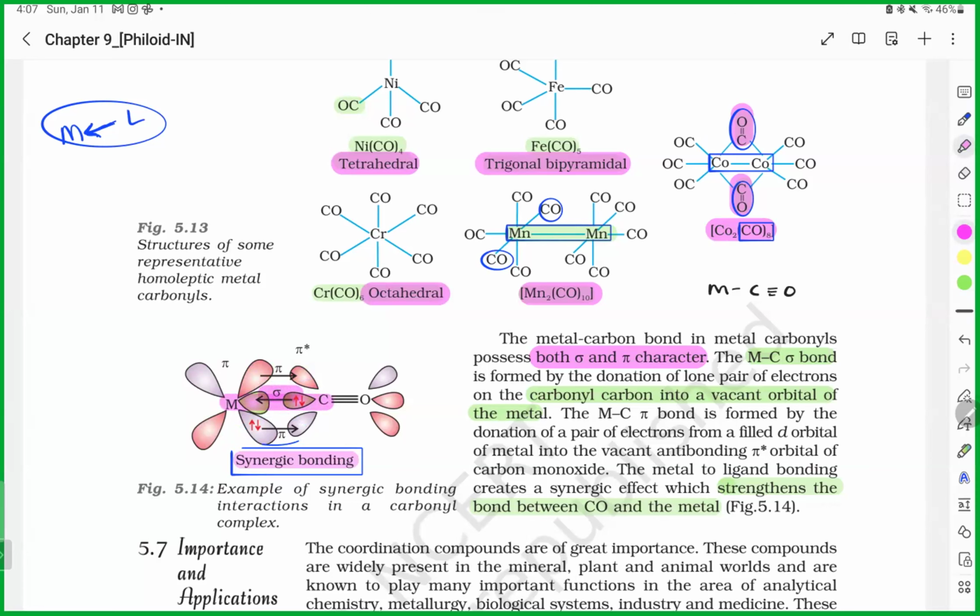But pi bond is formed when the metal is donating electrons into the anti-bonding orbital of carbon monoxide. That is the unique thing. Usually there is only one donating atom, but here both are donating to each other. When both donate to each other, it is known as the synergistic effect. Both are benefiting each other. And what is the benefit? The bond becomes strong.